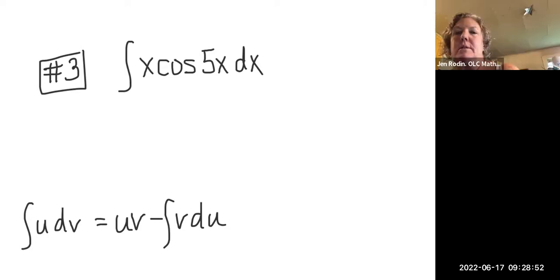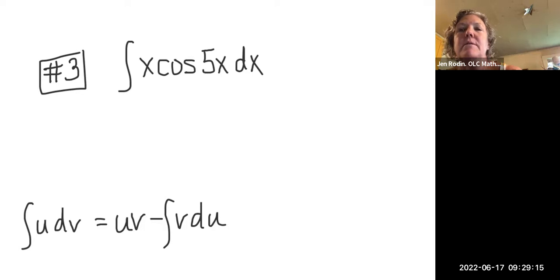And again, sometimes we pick the wrong u. We should be able to do it either way. You could pick u to be cosine 5x also, but it's not going to simplify down, like the integral of cosine goes back to sine and cosine and sine. It just never cleans up.